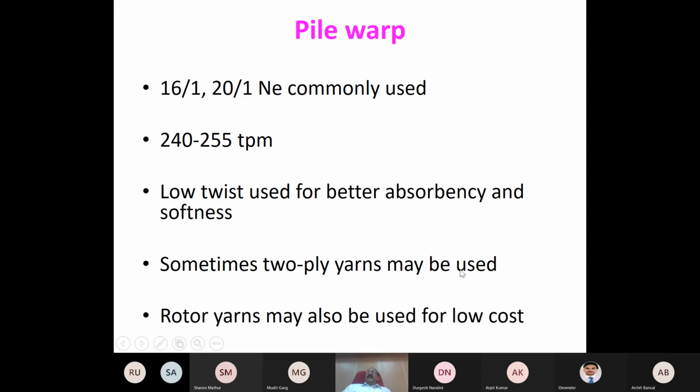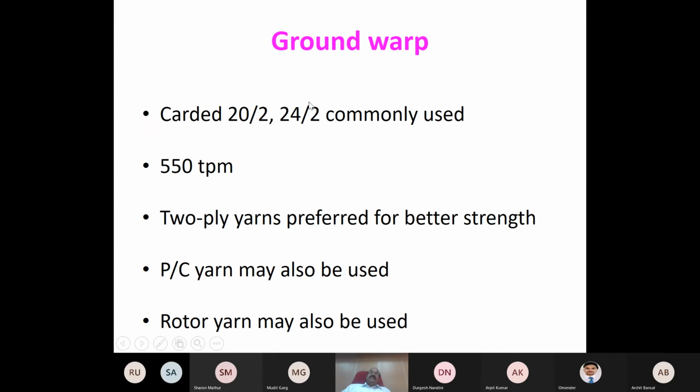As I said, sometimes 2-ply yarns can also be used. Rotor yarns may also be used nowadays instead of ring yarn. Rotor spun yarn can also be used as a pile yarn. Then the ground warp. Normally ground warps are 2-ply yarn, comparatively stronger because these yarns remain under high tension.